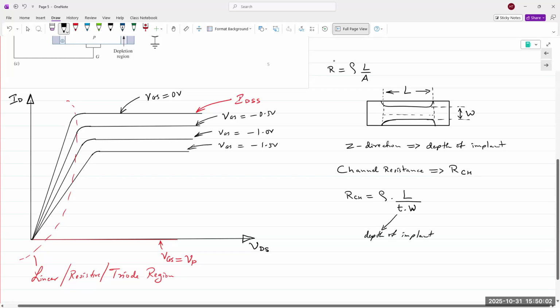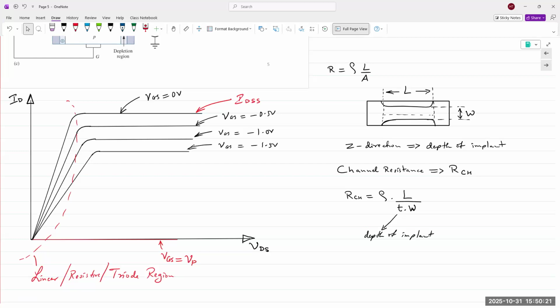How deep did our diffused impurities go? Okay, so rho L over TW, the cross-sectional area of our device.